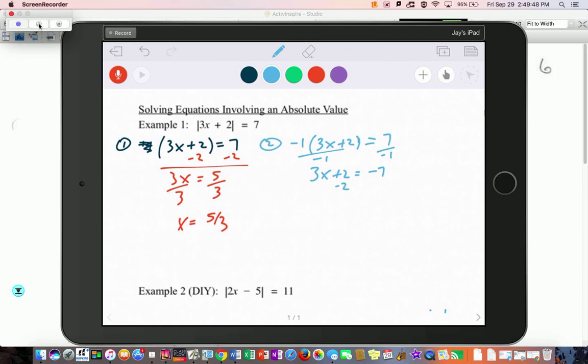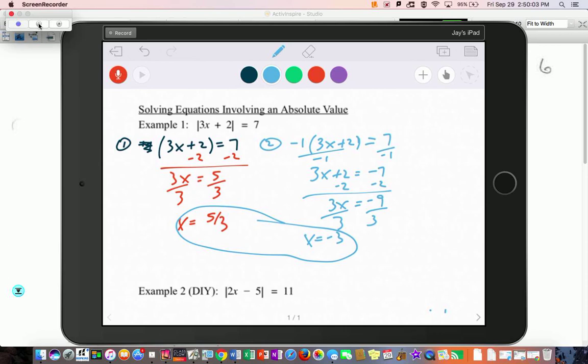And now I subtract 2, I get -9. And when I divide by 3, I get x is -3. So those would be my two answers. And you can go to a graphing calculator and put this in y1 and this in y2 and do second trace, calculate an intersection to make sure it's right.